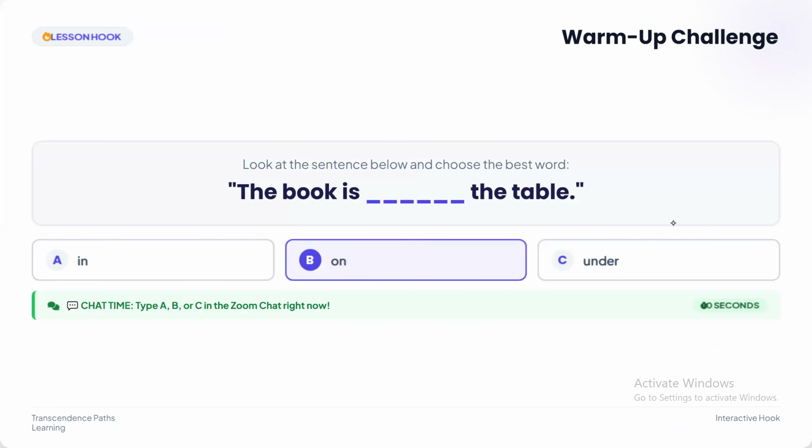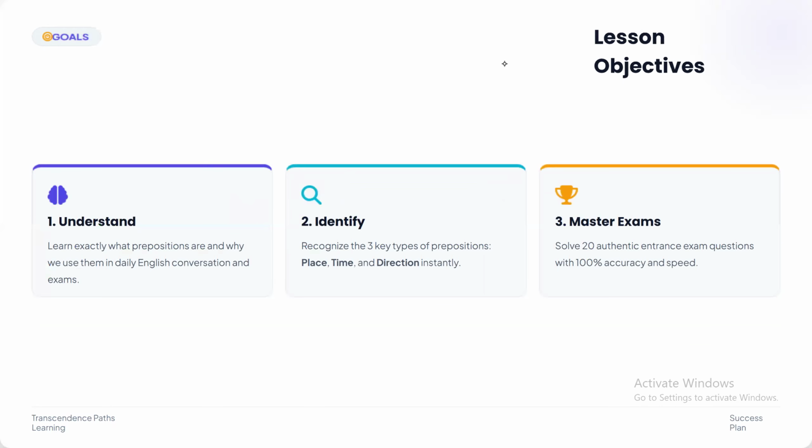The book is dash the table. The book is on the table. So that's what we are going to do here now.